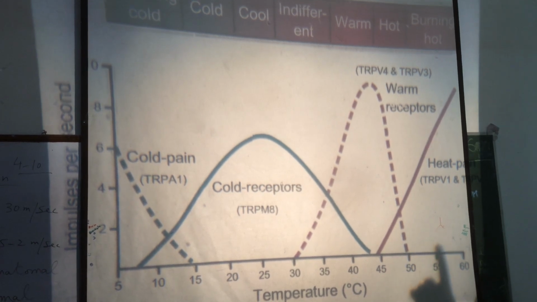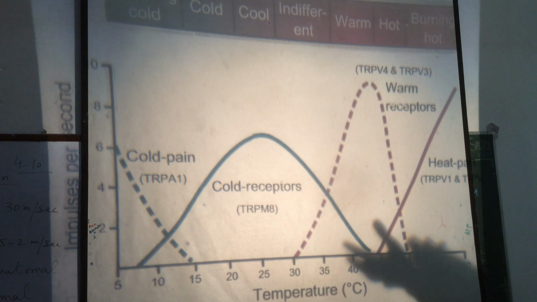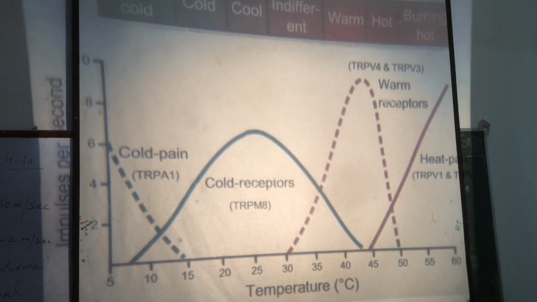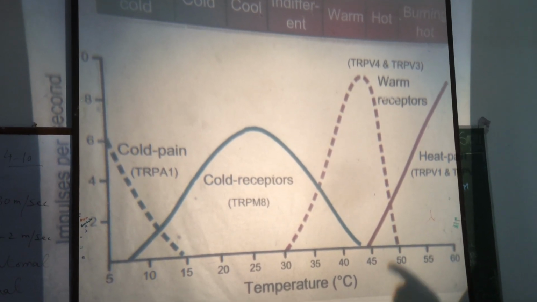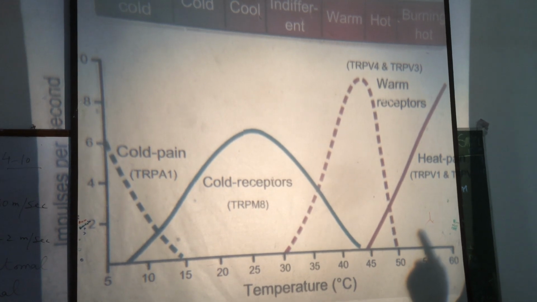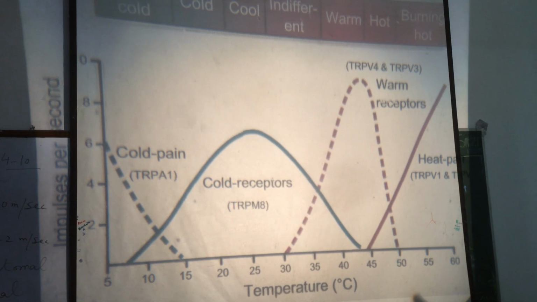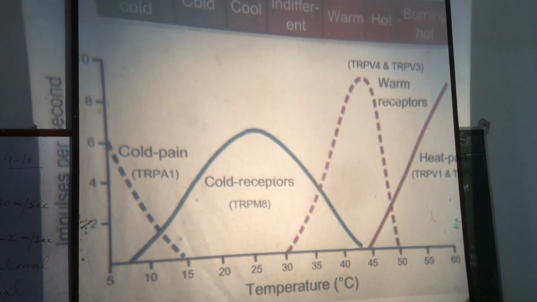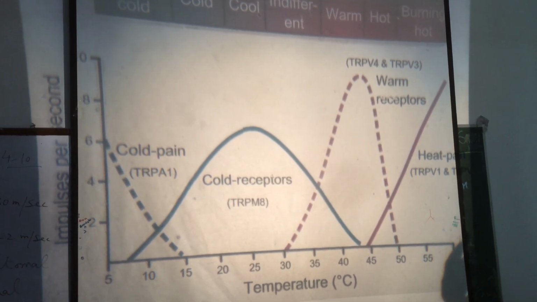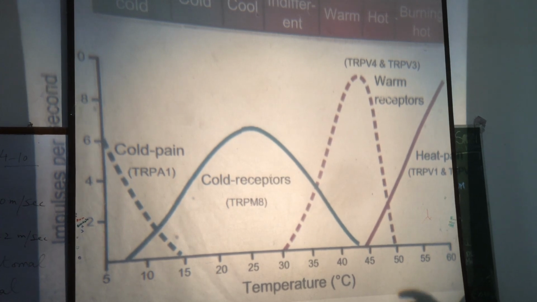Exposed parts of the body, say hands and face, are less sensitive to temperature changes than the covered parts of the body, say upper arms and trunk.